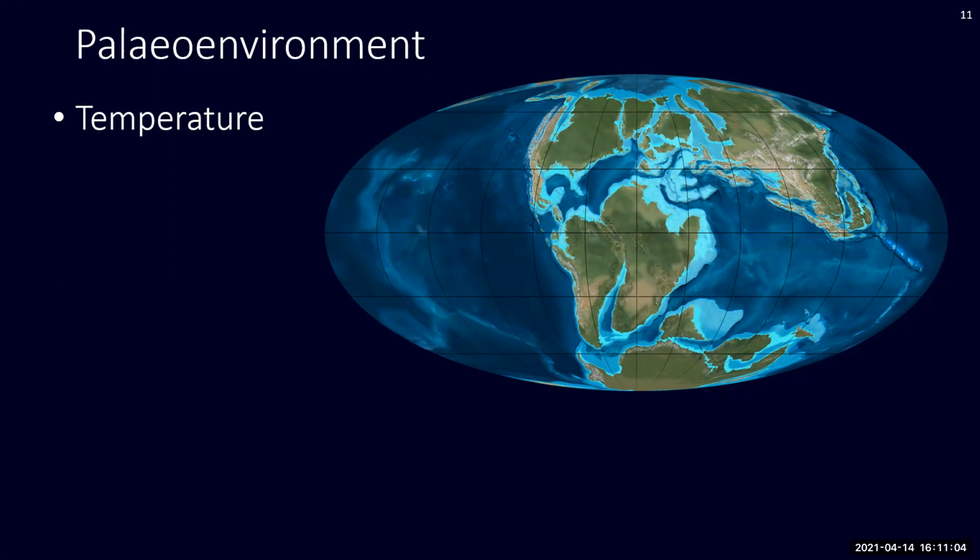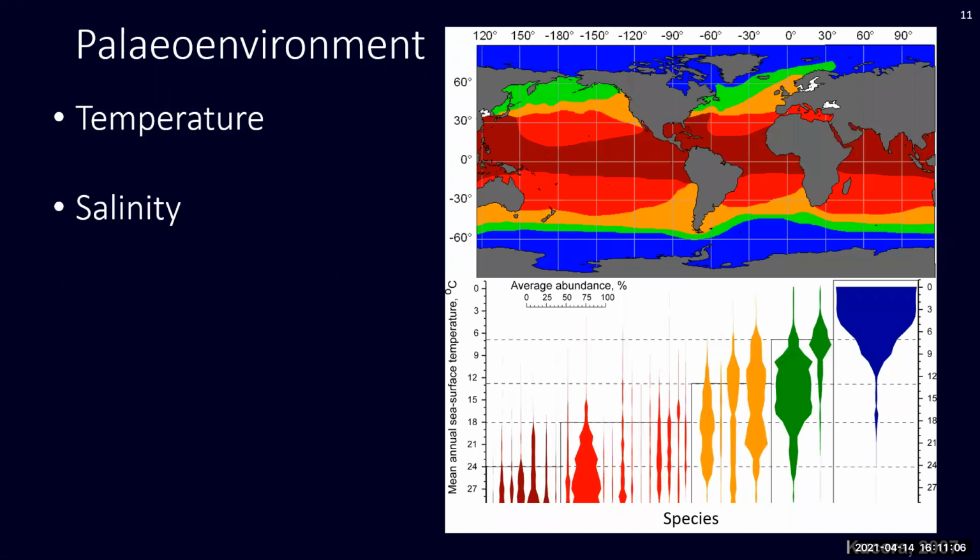This principle also applies for salinity, and we can also look simply to see what kind of species are present at any given time. So in this graph, we have mean sea surface temperature from 0 at the top to 27 at the bottom, and along the x-axis we have different species and their relative abundance.